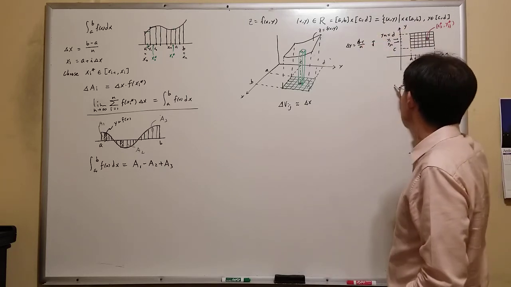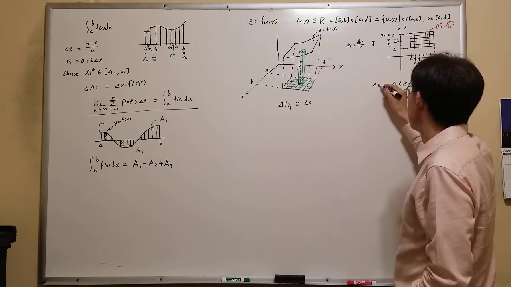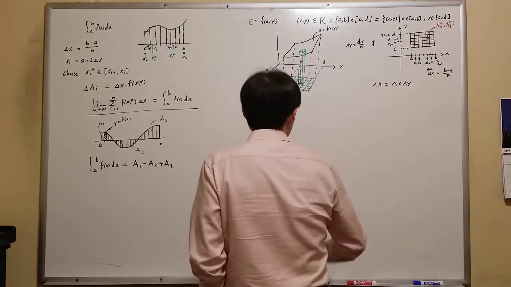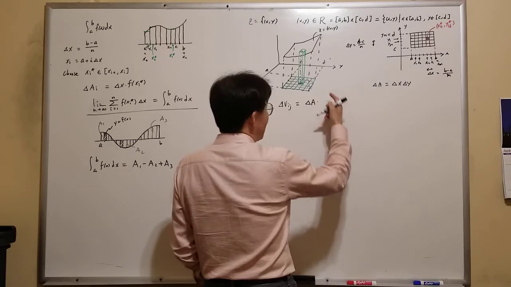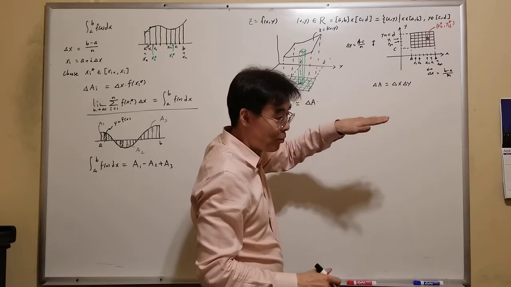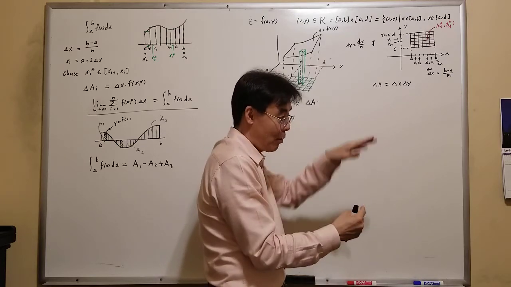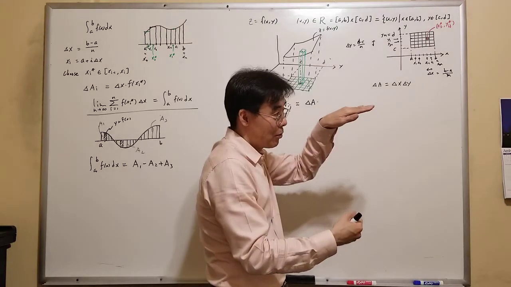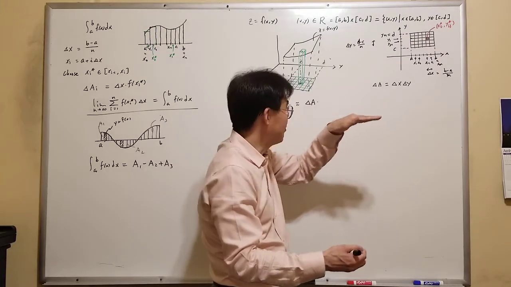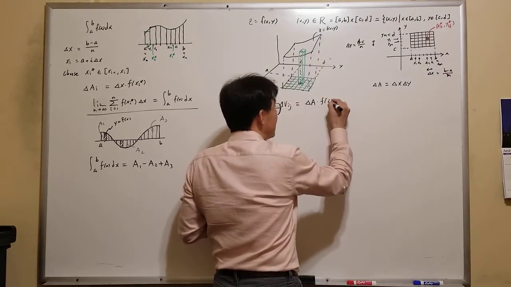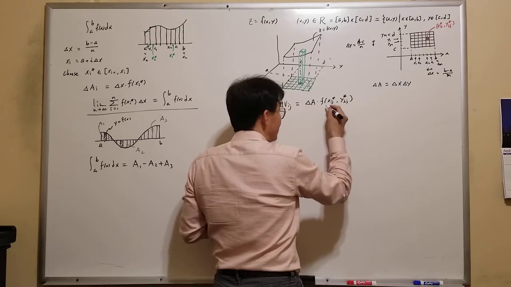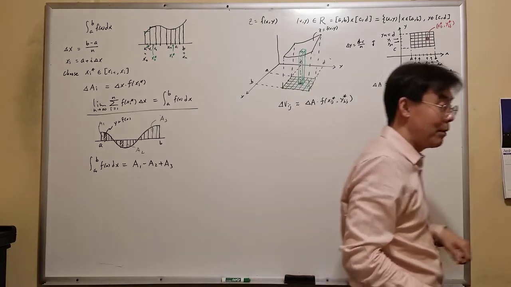So delta x times delta y, we call it delta A, the area of each subrectangle. So base area delta A times height. The top part is a smooth surface, but when you have very thin, small delta x and delta y, it can be approximated by the height times base of a rectangular column. So this is a good approximation.